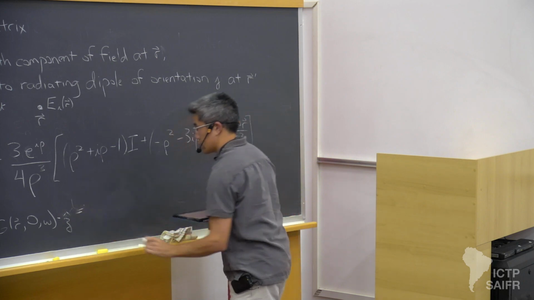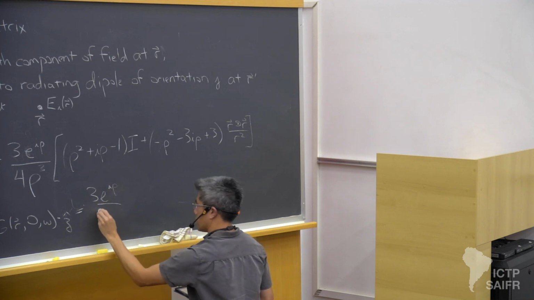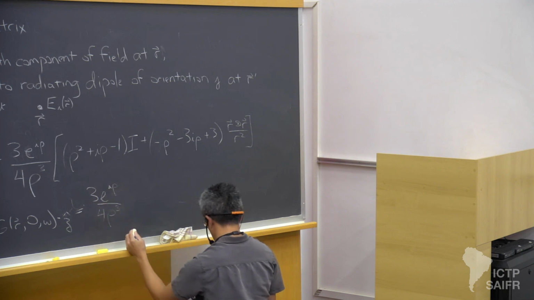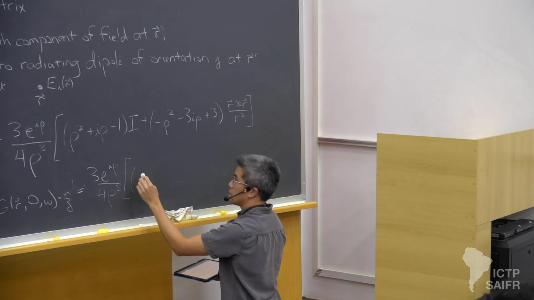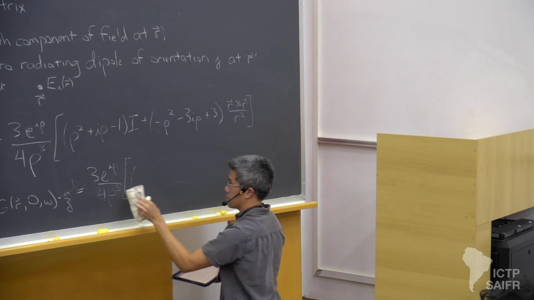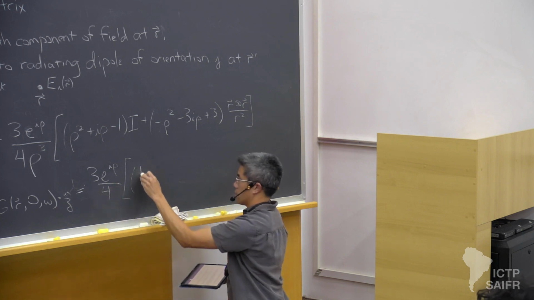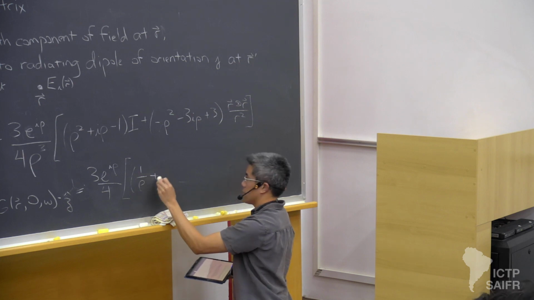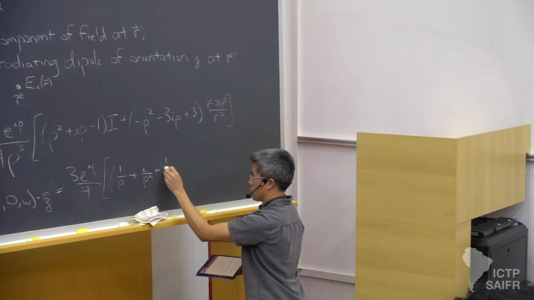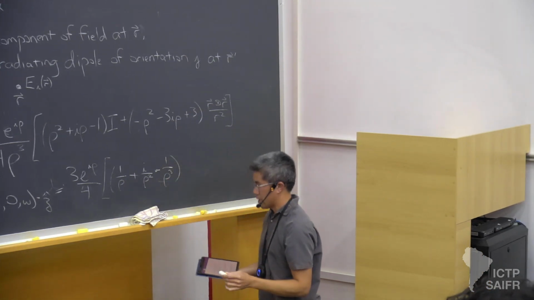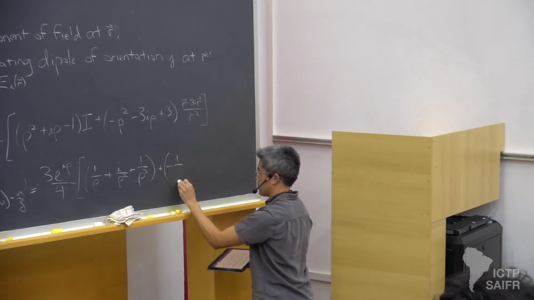And if you want to write this out, it's 3 e to the i rho over 4 rho cubed, times 1 over rho plus i over rho squared minus 1 over rho cubed. So this part is isotropic, and then there's a term that depends on the angle of observation.